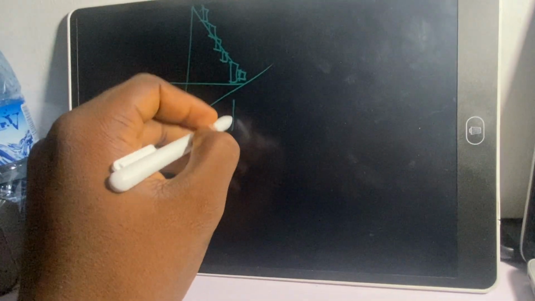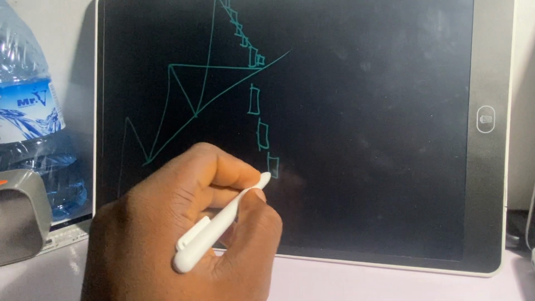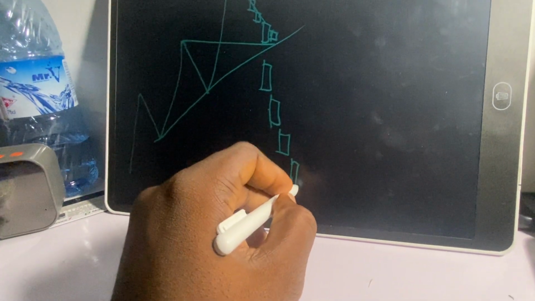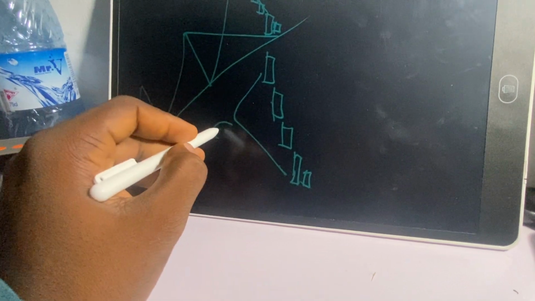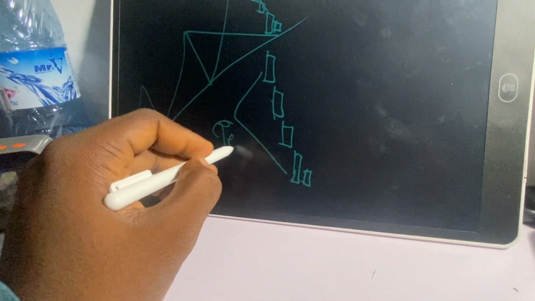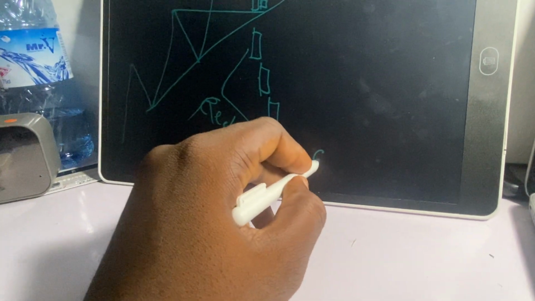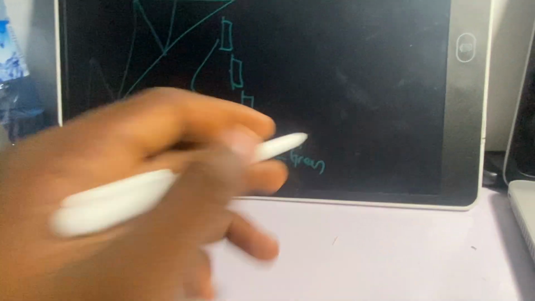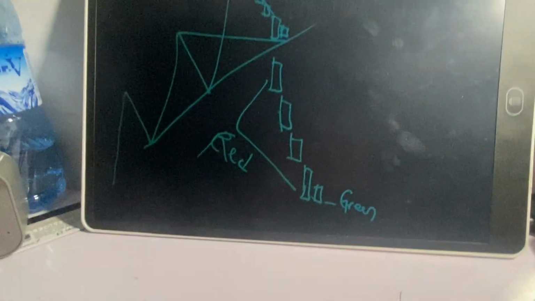I hope you can see what I've drawn here. All of these are red, except this, which is the green candle. So what is the psychology behind this formation? It's just as simple as that.